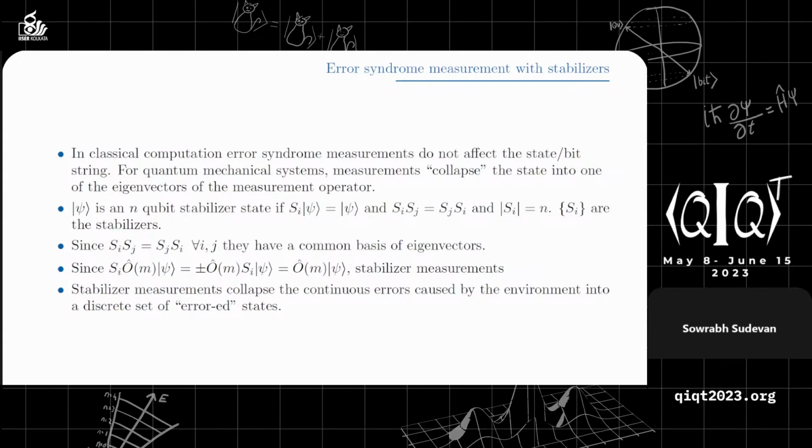So why is this important? One thing is because psi is an eigenvector of these operators. These operators are something you can measure without disturbing the state, right? If there is no error on the state, you can measure these operators and you will get all plus ones and you will know that the state hasn't been disturbed, right? So you have some set of operators which you can measure.